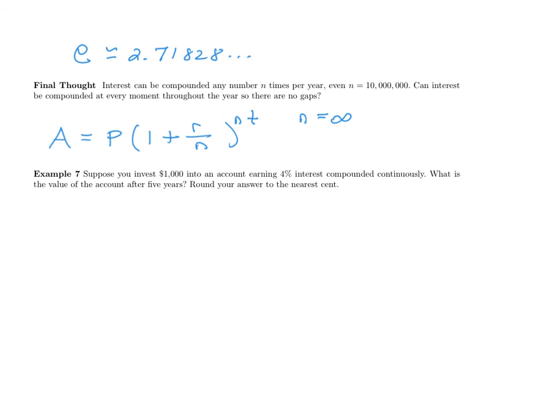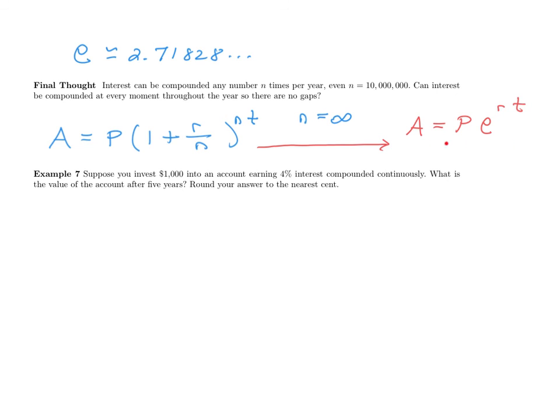But if you take a calculus sequence, you introduce things called limits, where you can let this get bigger and bigger and bigger. It turns out that if you do that, if you let n get larger and larger and larger, this formula becomes A is equal to your principal value times e to the RT, where R is the annual percent interest rate.